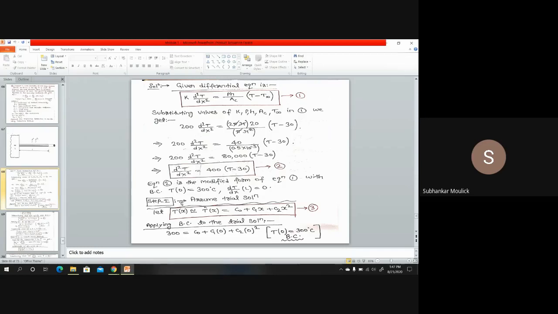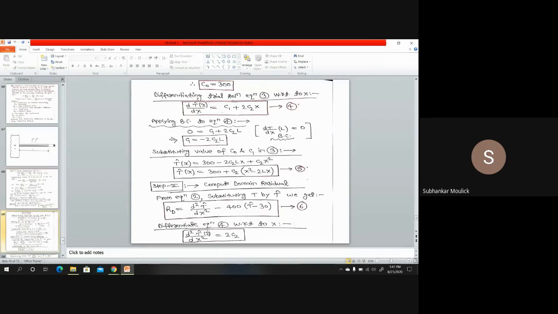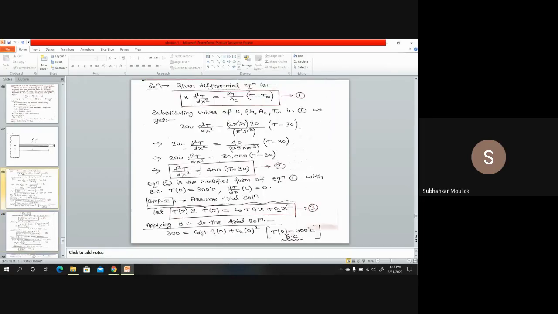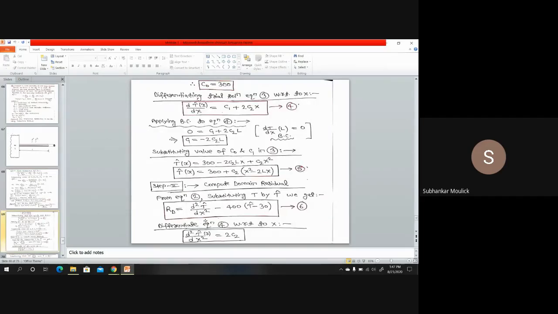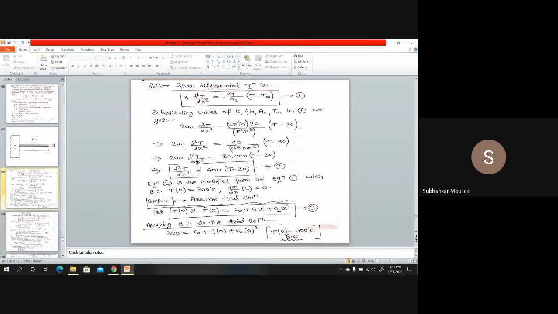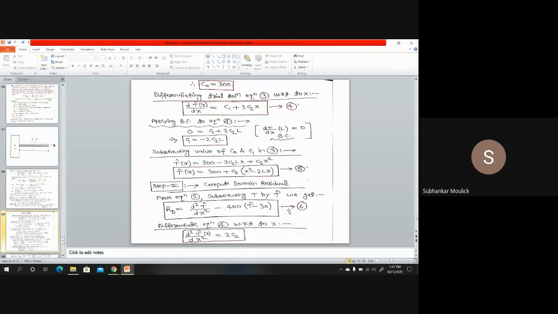That means my residual R is equal to d2 T cap over dx2 minus 400 T cap minus 30, equal to 0. So our domain residual becomes d2 T cap over dx2 minus 400 T cap minus 30, which is equation number 6. This is the domain residual of the problem. Is it clear? Yes, sir.